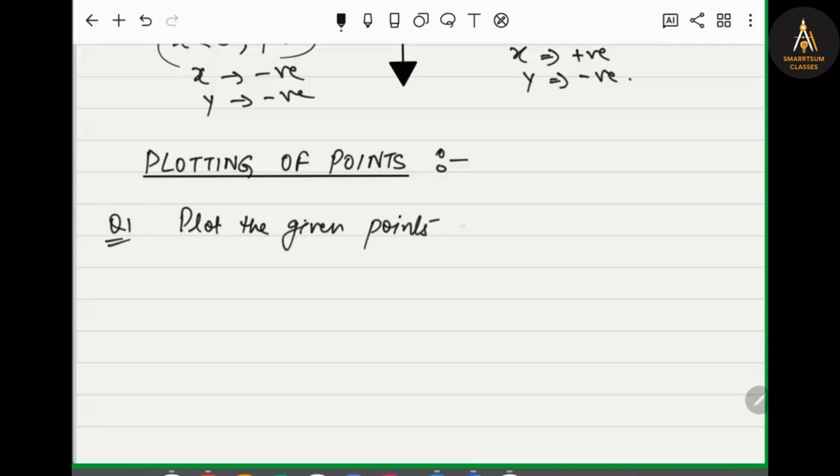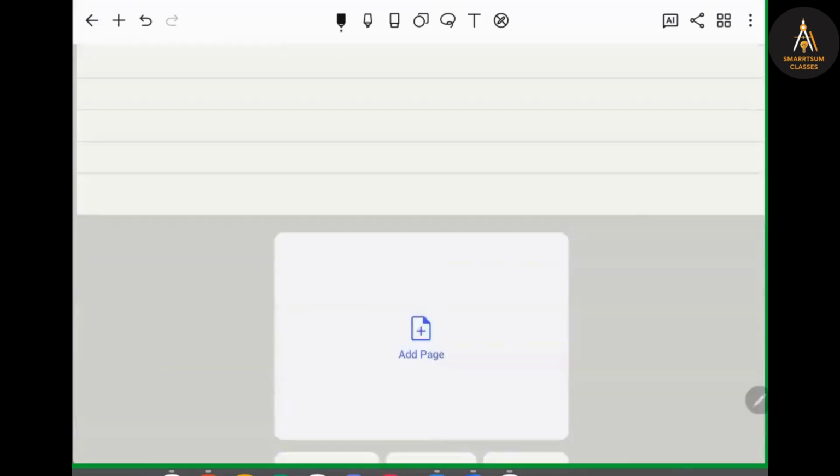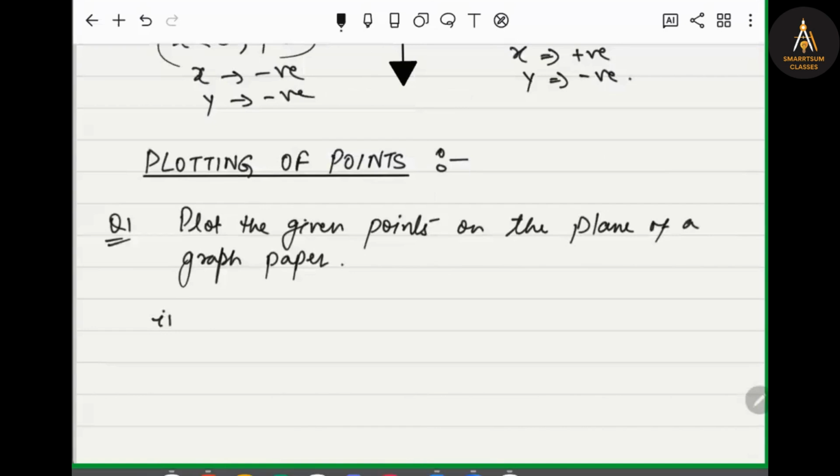Plot the given points on the plane of a graph paper. First is point A, (5, 3). B is (-3, 2).